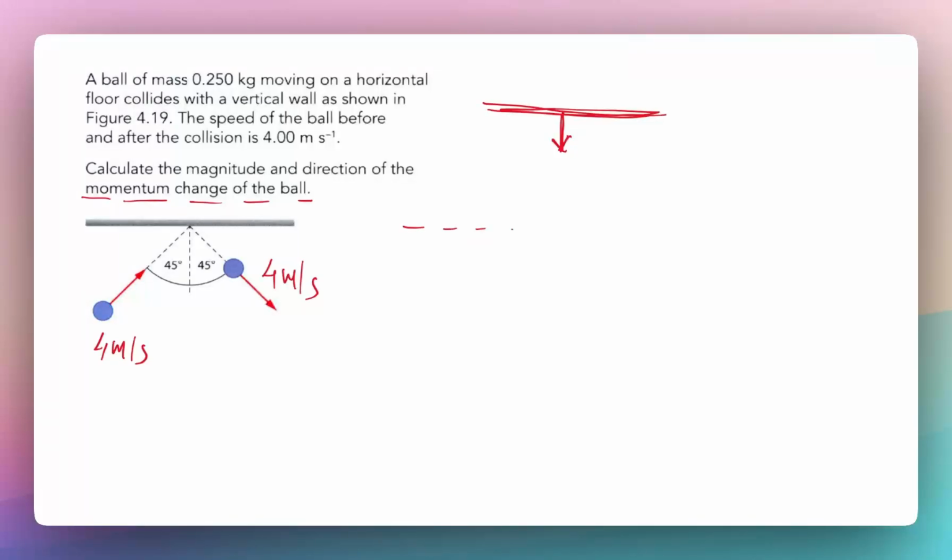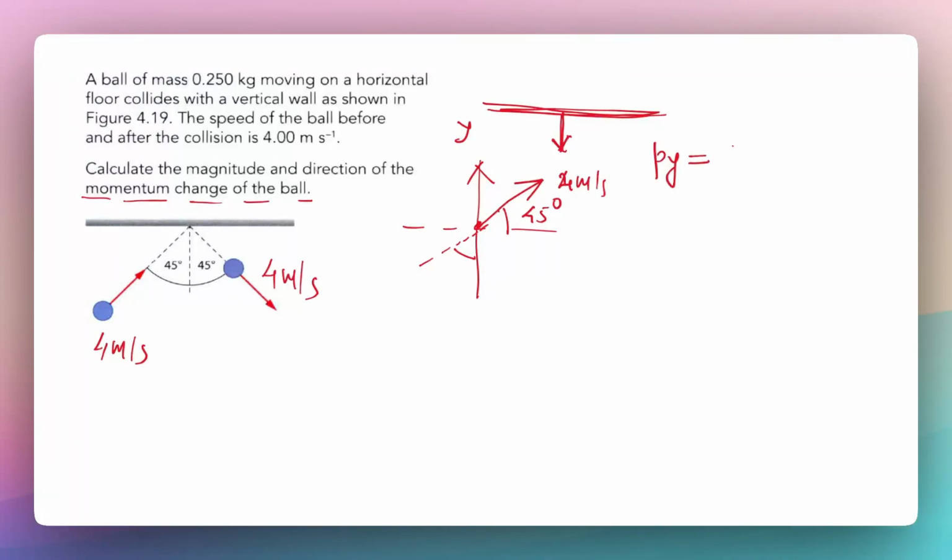For that, the ball was moving like this, with a velocity of 4 meter per second, and the angle given here is 45 degrees. So this is 45, and this is also going to be 45. What is the initial momentum in the vertical direction, the y direction?